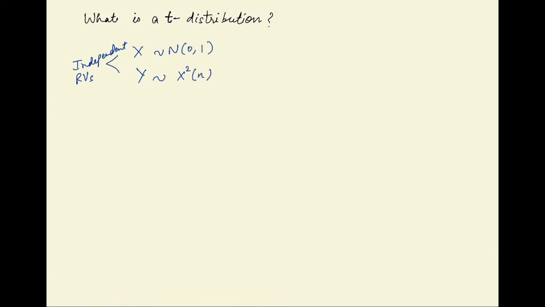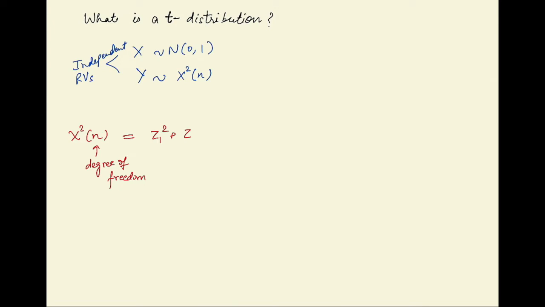n degrees of freedom. For those who don't know what a chi-square distribution is, the chi-square distribution with n degrees of freedom is the distribution obtained when we add the squares of n standard normally distributed random variables. What does that mean?